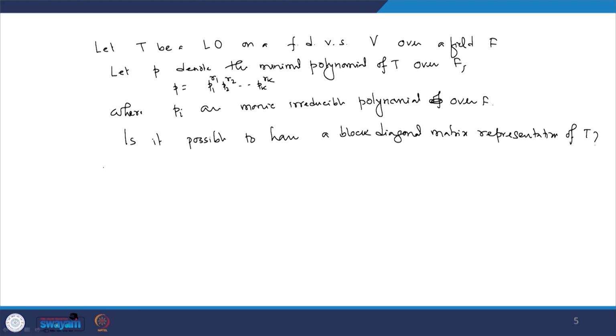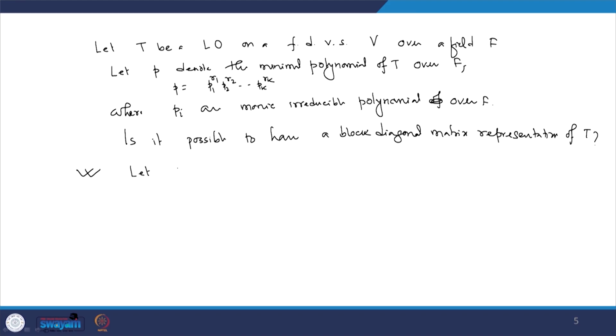According to the primary decomposition theorem, T will certainly have a direct sum of invariant subspaces. But what will be the invariant subspaces? For this case, we are going to discuss that. So, for this, let me introduce the concept of cyclic subspaces.